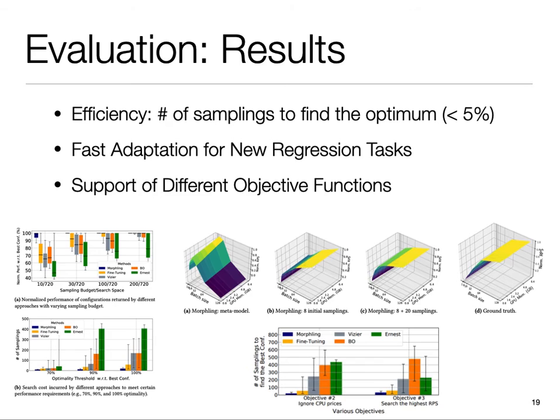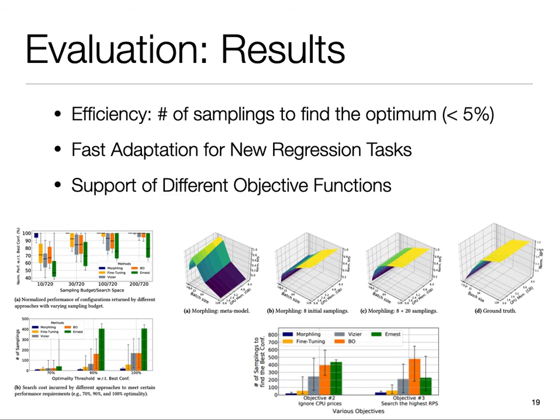In comparison, existing auto-tuning approaches such as Bayesian optimization may require quite a larger number of configurations before they can find the optimum. Morphling's high efficiency is attributed to its ability to quickly adapt the meta model to a new inference service.